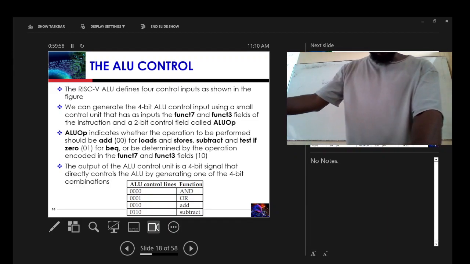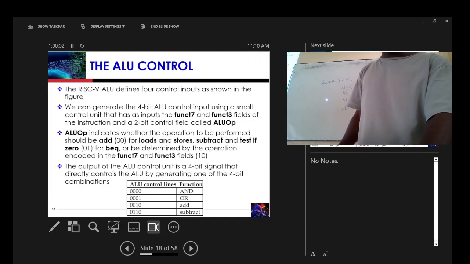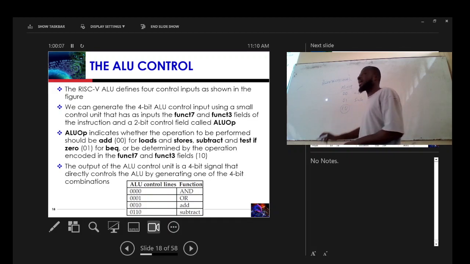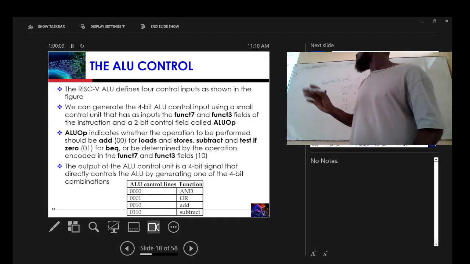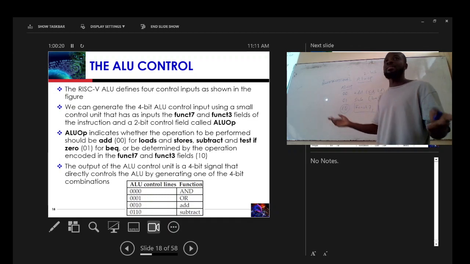Now, if the value of ALUOp is 10, that means that we are going to use the funct7 and then the funct3 field to determine the operation.